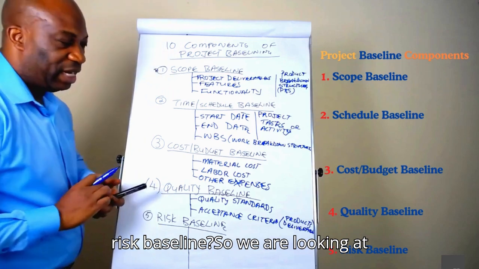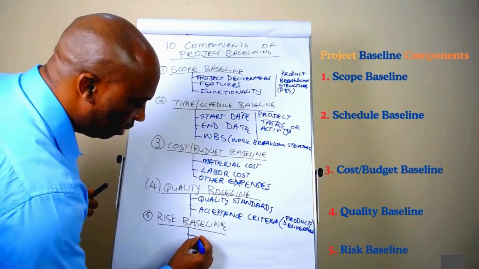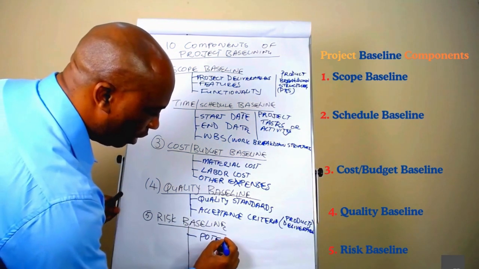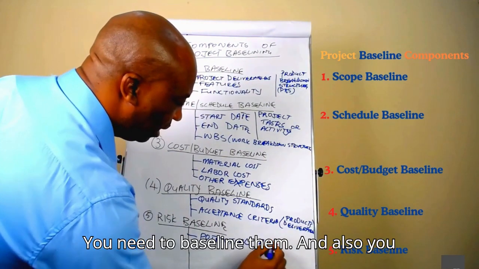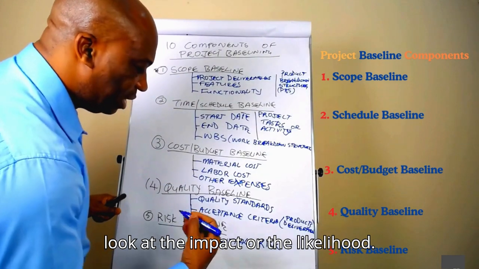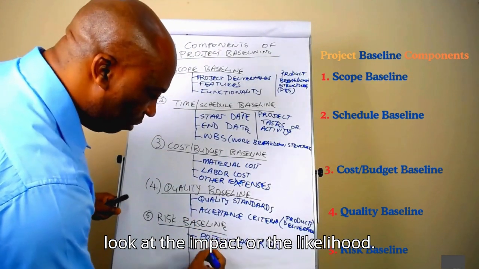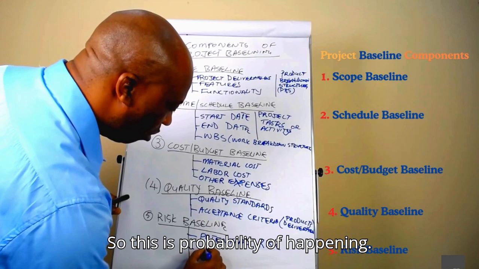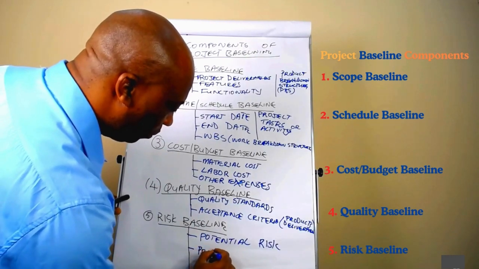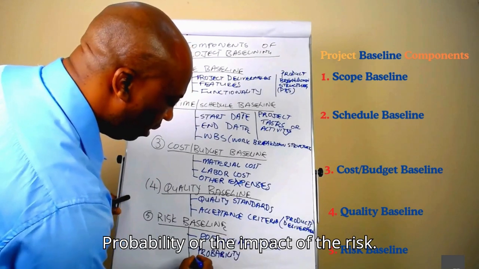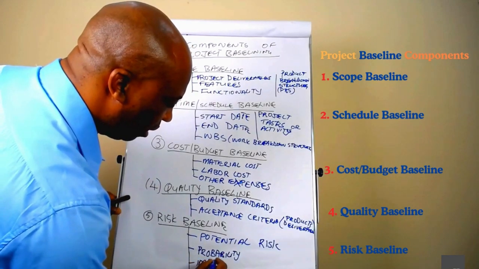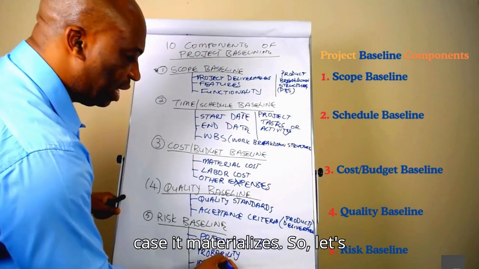So we are looking at items like potential risks. You need to baseline them, and also you look at the impact or the likelihood. Okay, so this is the probability of happening, or the impact of the risk in case it materializes.